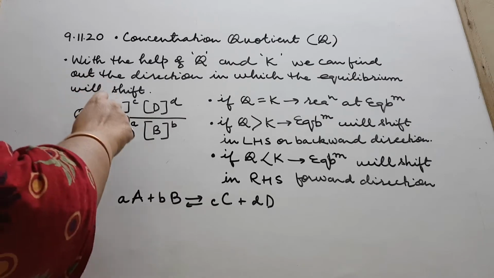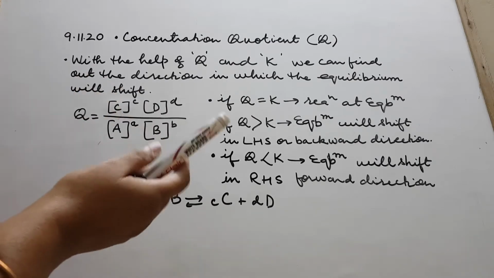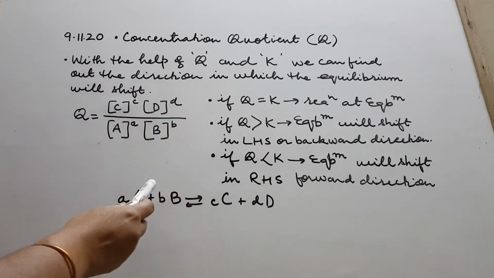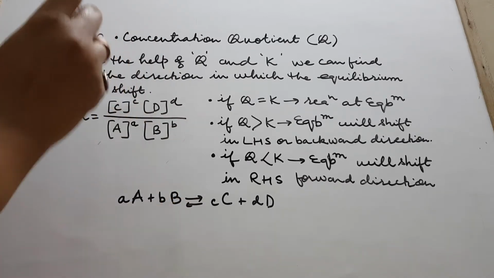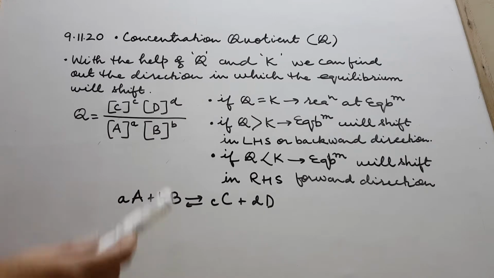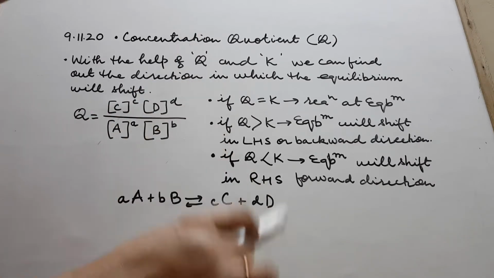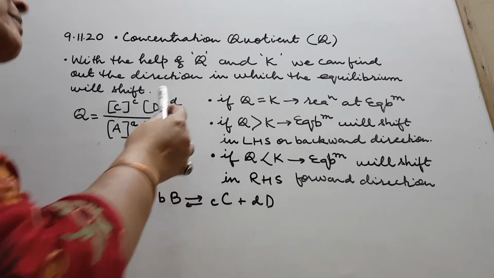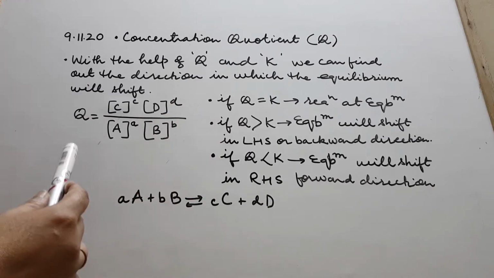Now, this is Q. You will say, what is this? Something new? Same thing you wrote? Yes. It is also the ratio in the very same manner as it used to be for your equilibrium constant K, or better called Kc. Same P upon R with same stoichiometric coefficients. Then what is the difference?